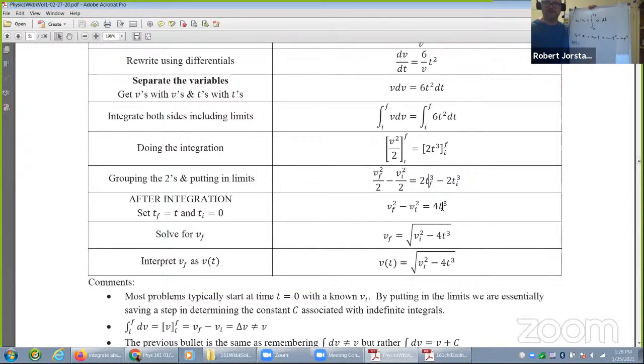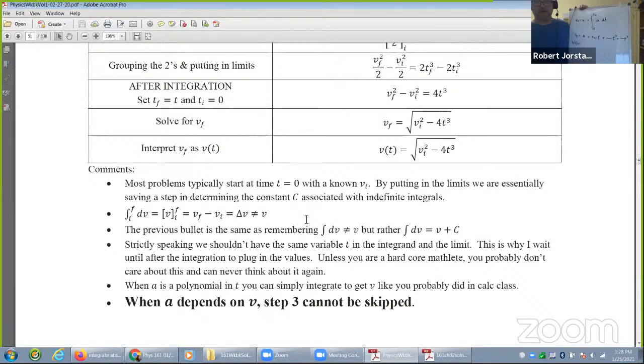All the T finals, I just change to the variable T. And then in the last step, once I solve for V final, I just rewrite that as V as a function of T. Why? If you plug in a value for time and the known initial velocity, you are going to get the final velocity at that value of time. So that's this last step of this process.